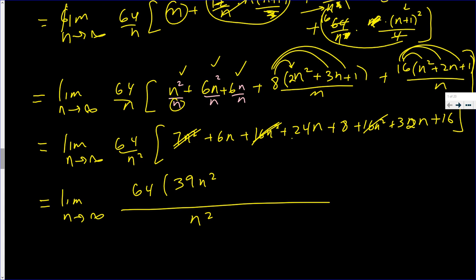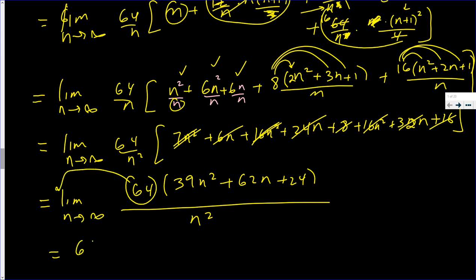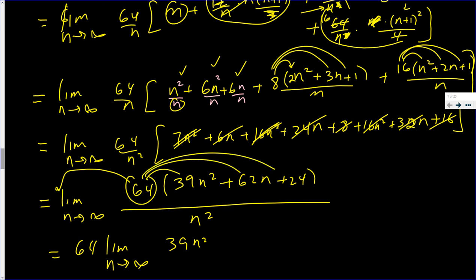And then we have 24n plus 6n, that's 30 plus 32 more, sounds like 62n. And 16 plus 8 is 24. Now, I can factor this out all the way in front. So it's 64 times the limit as n goes to infinity, because I didn't want to distribute. I don't want to multiply 64 by those numbers. That's way too hard.